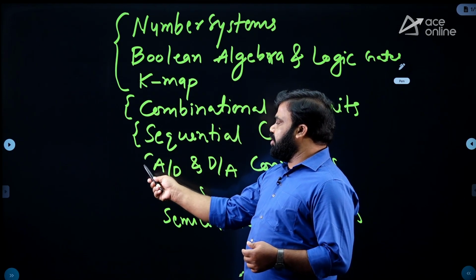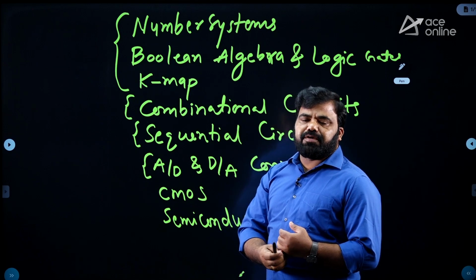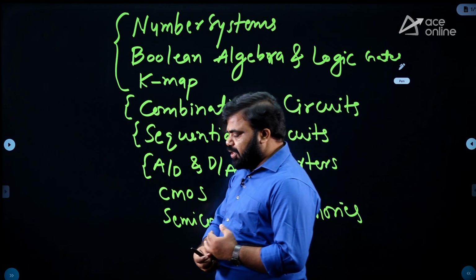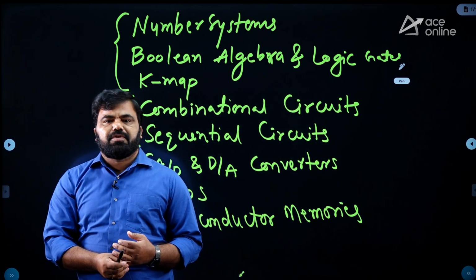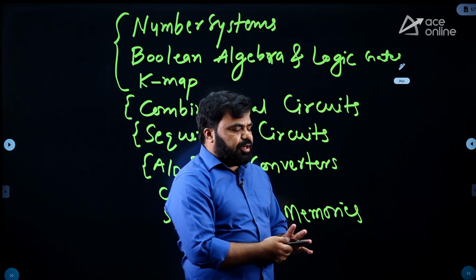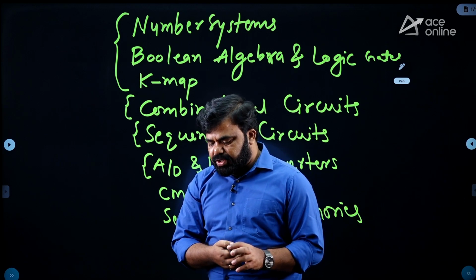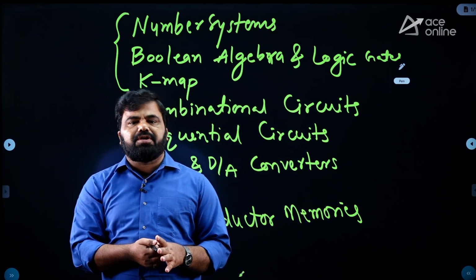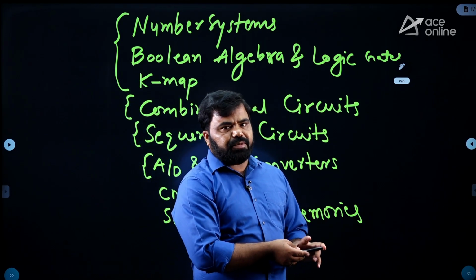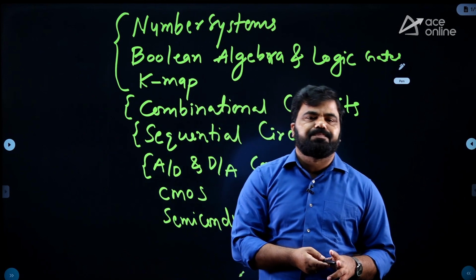Then coming to A to D, the basics of conversions, calculating step size or resolution when data is given, maybe giving the analog range, maybe giving the logic 1 reference potential, maybe giving the full scale voltage. So depending on the given parameters, how to calculate resolution.